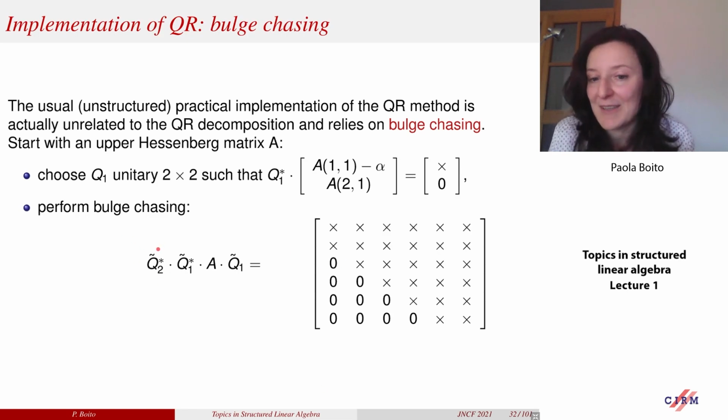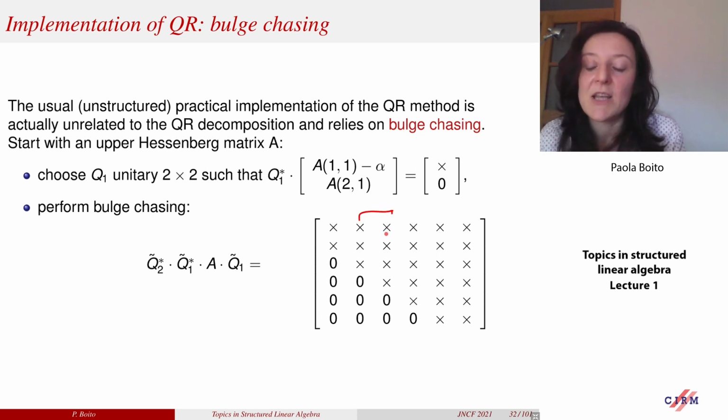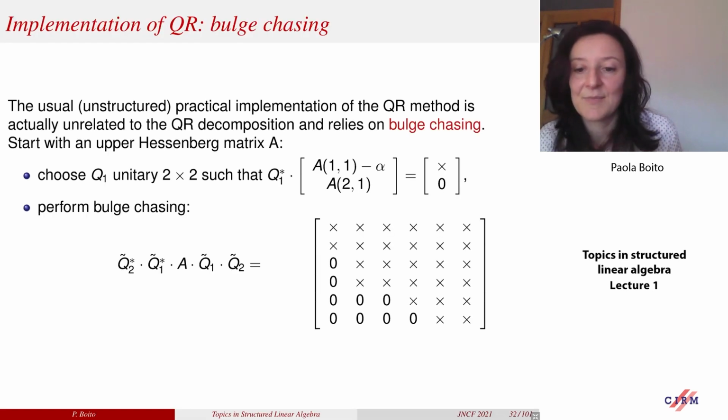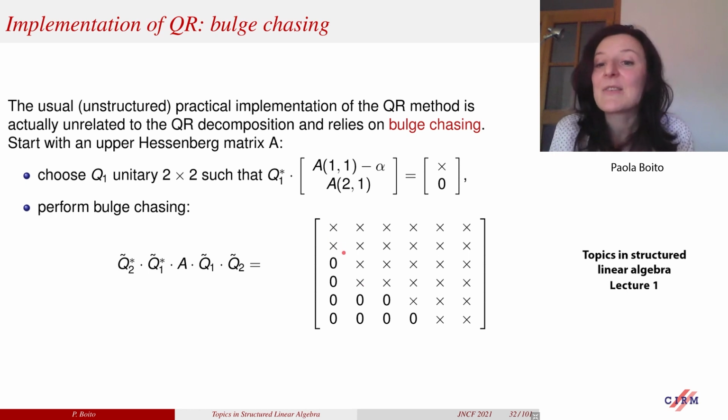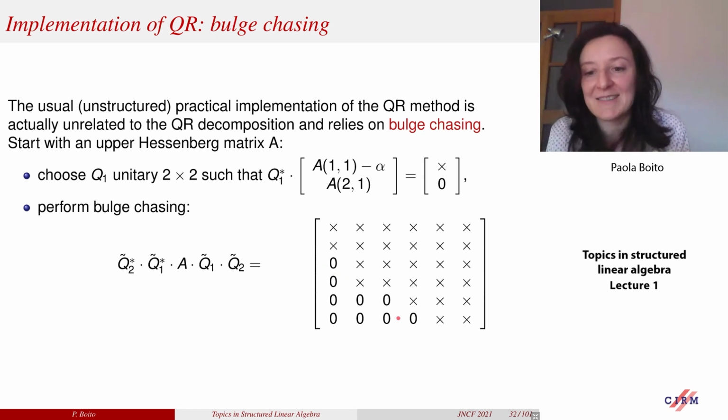But since we have multiplied by Q2 star on the left, we also have to multiply on the right, and so perform a combination of these two columns, and this gives us a bulge here. And so on and so forth. That's why it's called bulge chasing, because the way the matrices are determined is by chasing this bulge, pushing it down along the matrix.